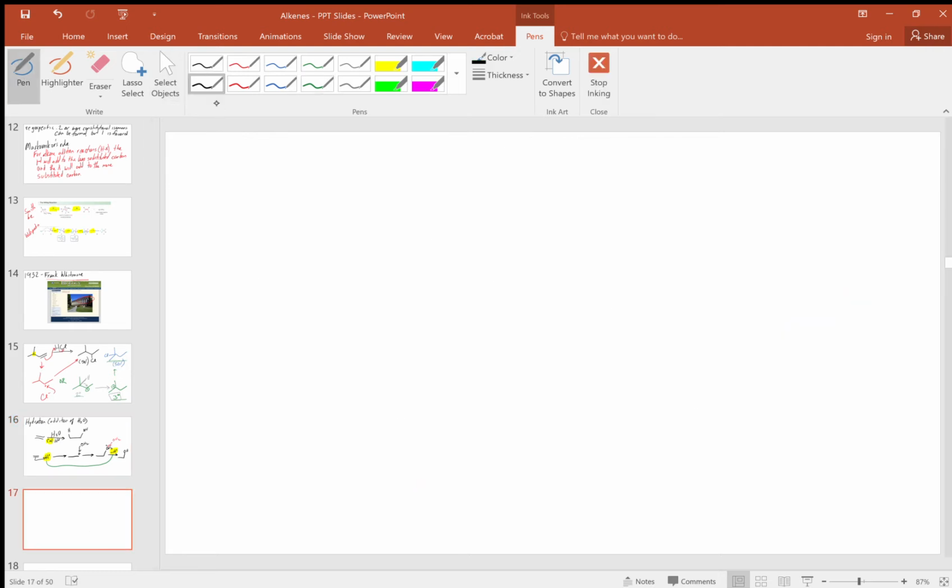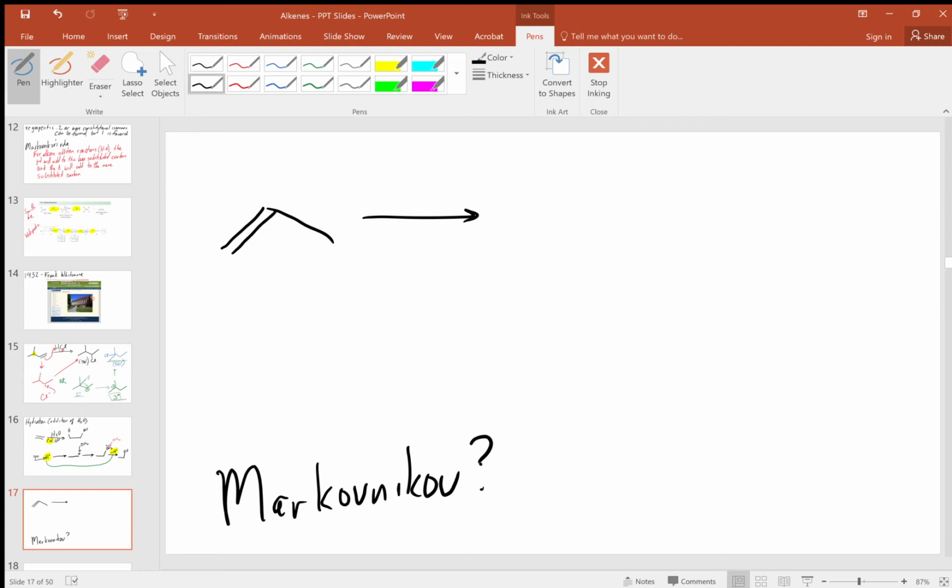Second piece of this reaction is, given that it goes through a carbocation mechanism, is this a Markovnikov reaction? So the first step was the alkene attacked the acid.